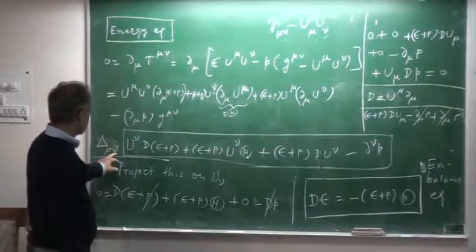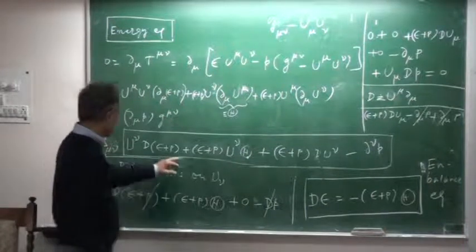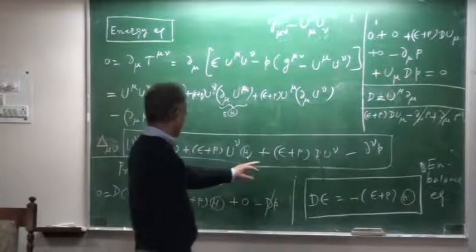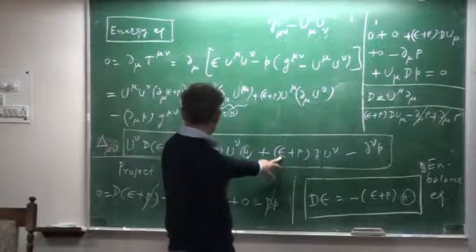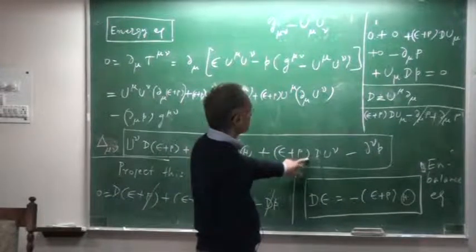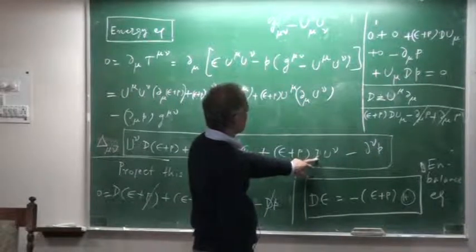See, you had a u mu outside, and you subtracted with the dummy index. Oh, I see. That you should not do, right? Oh, yeah. You're right.